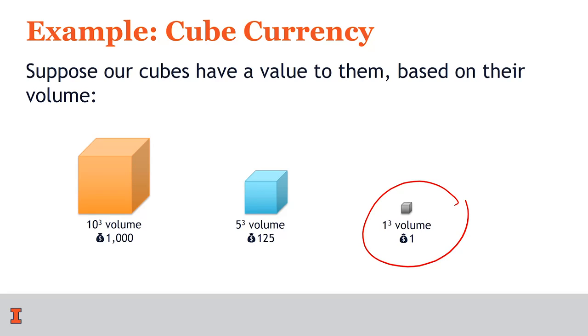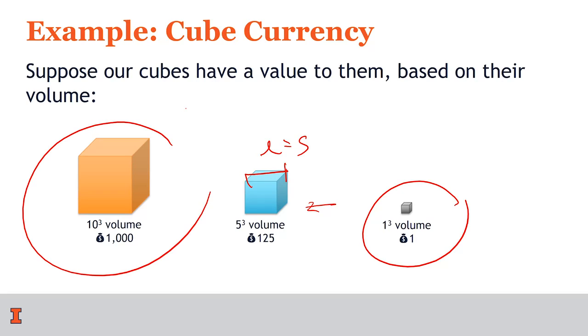A little larger cube, a cube that has a side length of 5, has a value of the volume of the cube. So 5 cubed is 125, so a cube of length 5 is worth 125 currency. And likewise, a large cube of length 10 is worth 1,000 currency.